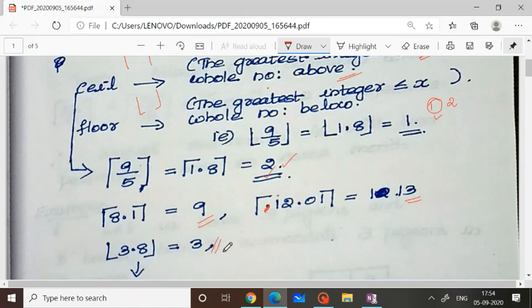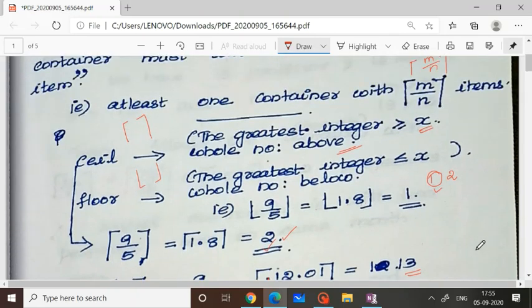The nearest integer to 3.8 is 4, but we need the integer less than or equal to it. Between 3 and 4 lies 3.8, so the integer less than it is 3. So floor of 3.8 is equal to 3, and ceil of 3.8 is equal to 4. This is the concept you have to know.